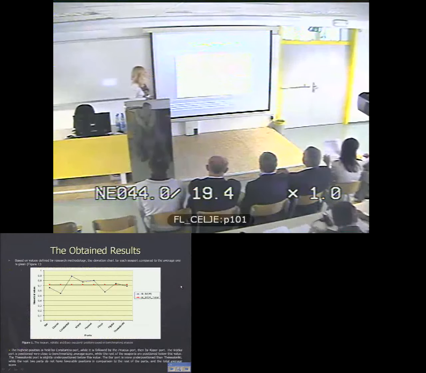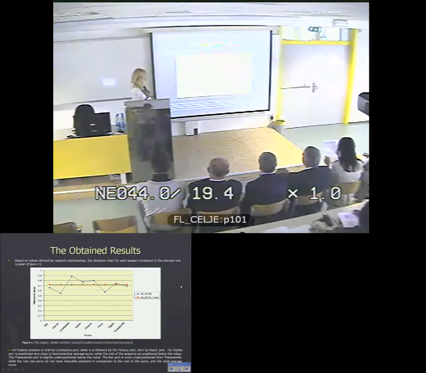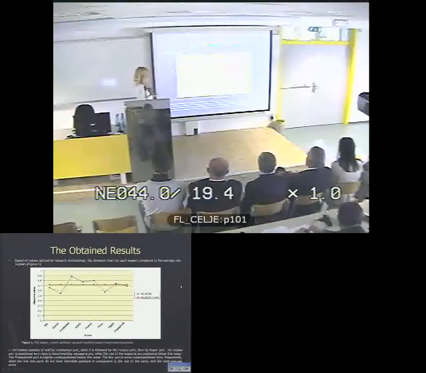Here, in figure 1, you can see the Aegean, Adriatic and Black Sea ports' positions based on this well-known benchmarking analysis. Here you can see Constanza port.